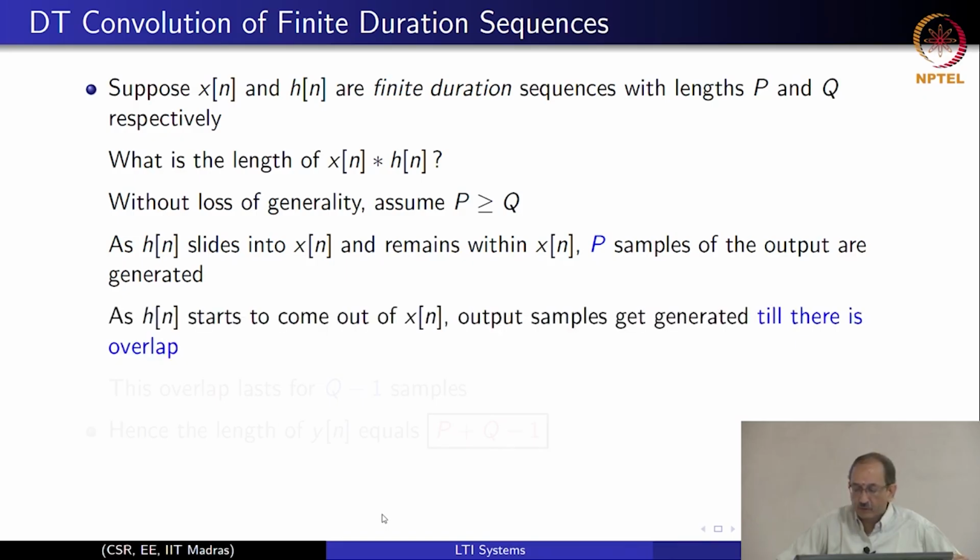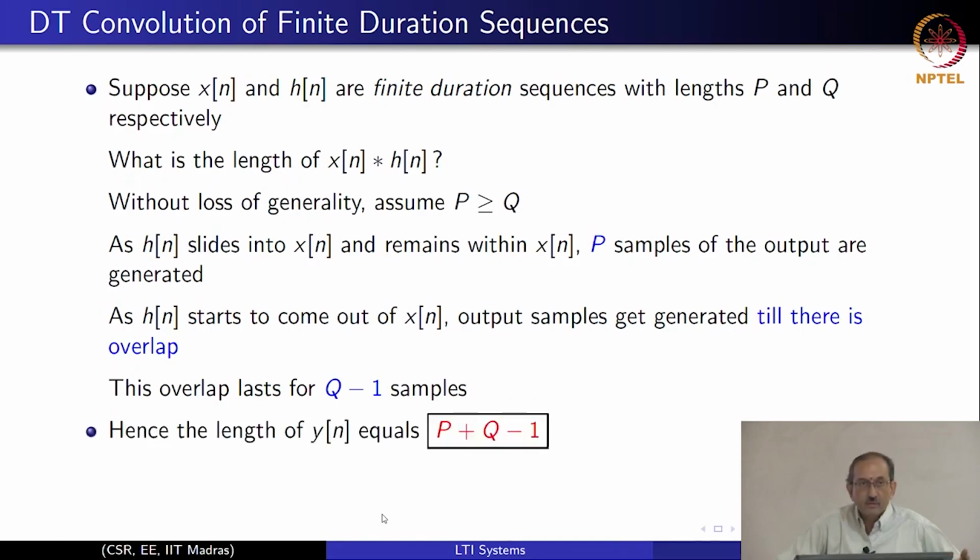And as h of n starts to come out of x of n, output samples get generated till there is overlap, and the overlap lasts for q minus 1 samples, and therefore the total length is p plus q minus 1.